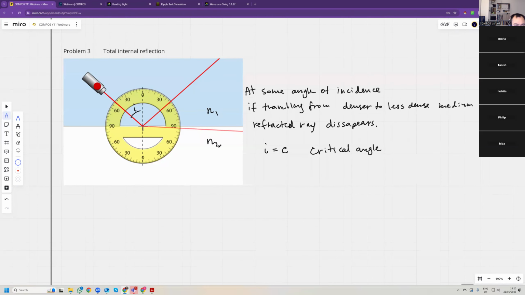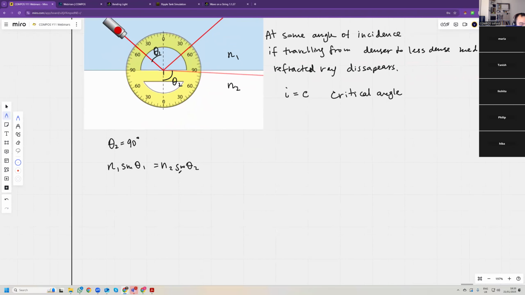So if this is N1 and N2, and let's say this is θ1, this is θ2, this happens when θ2 is 90 degrees. So we write down Snell's law: N1 sine θ1 equals N2 sine θ2.